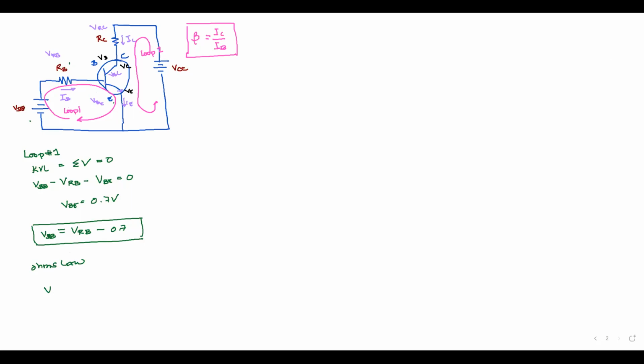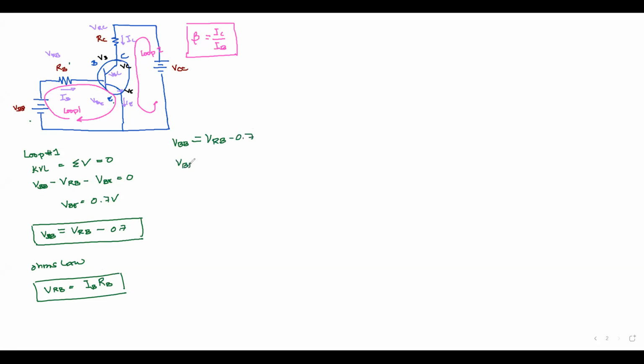VRB is equal to I sub B R sub B. That's all. Now, if you are asked to solve for I sub B, I could say that VRB is equal to VBB minus 0.7.